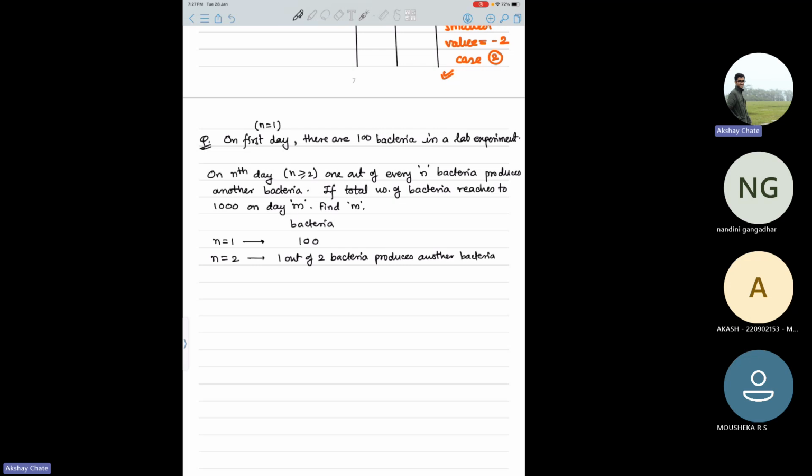There are 100, so 50 out of 100. Initially there were 100, and on the next day 50 produce another.